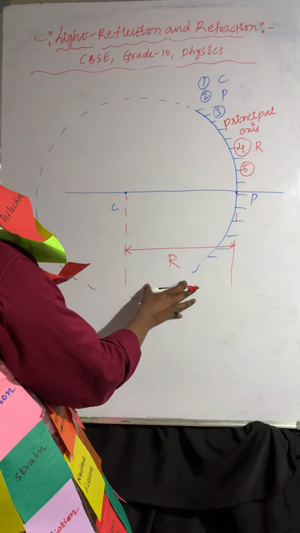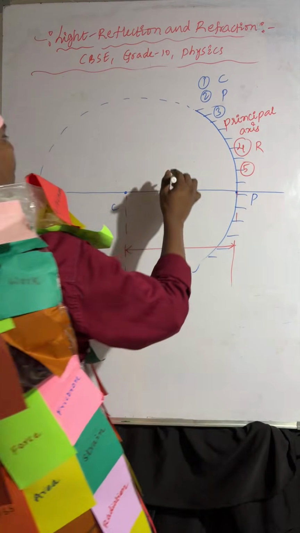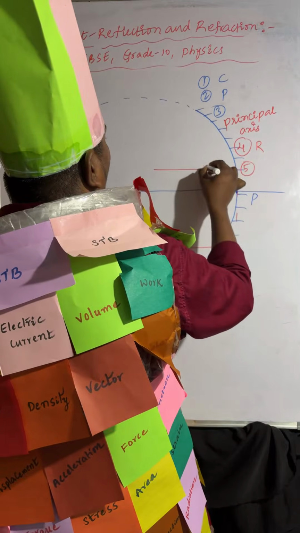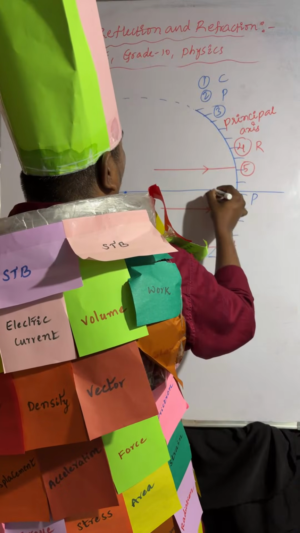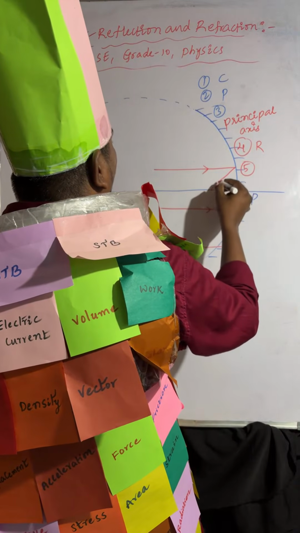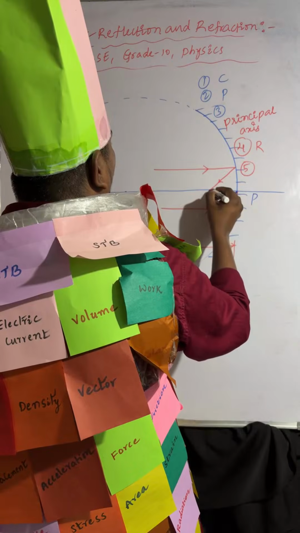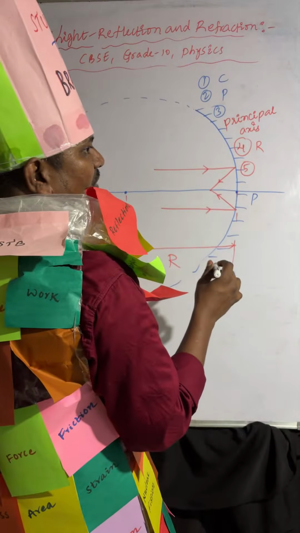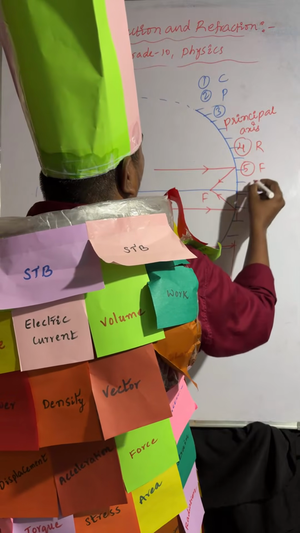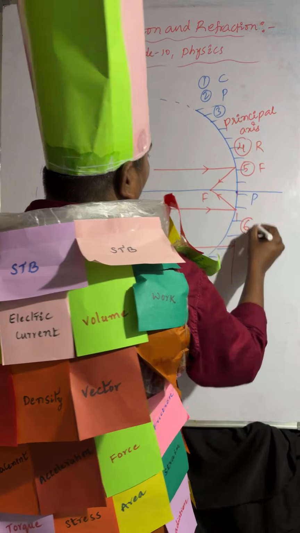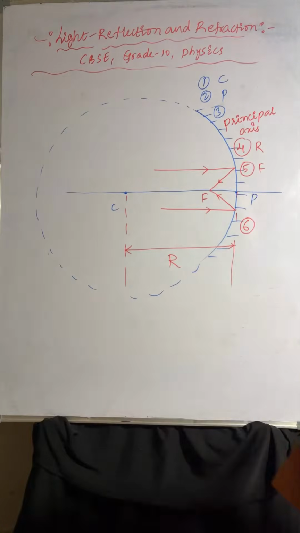After reflection, if the light rays meet at one point, that point is called the focus, capital F. Actually, it is called the principal focus; simply we can say focus.